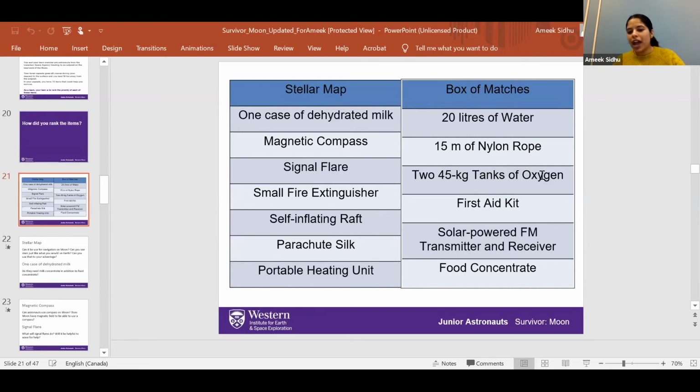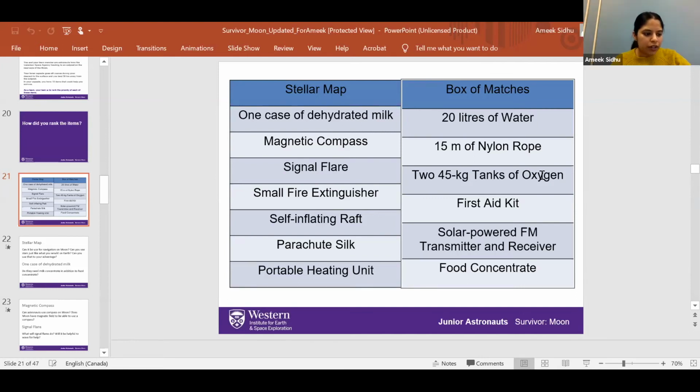Besides, it's just two tanks, so not just one person has to carry them. They can divide them among themselves as part of teamwork, and somebody could carry something else. So the two 45-kilogram tanks of oxygen are the most important.